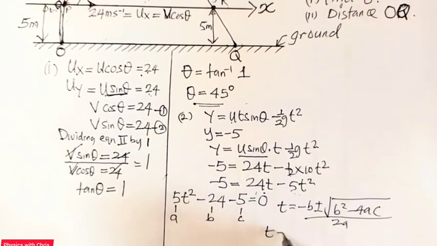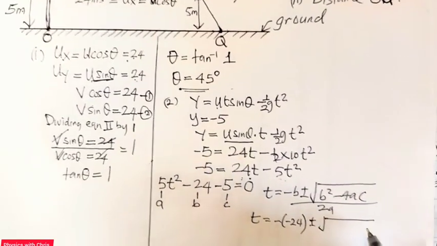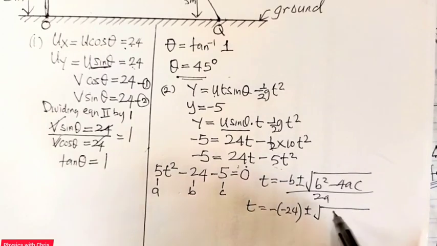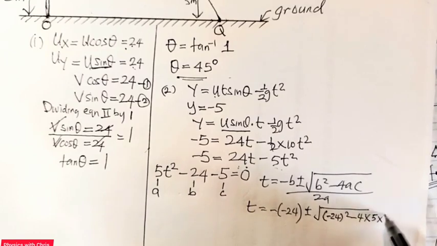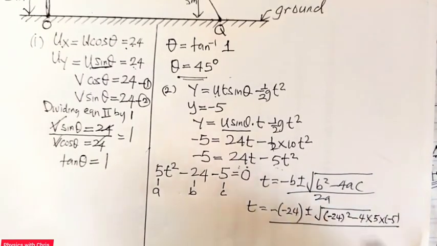That gives me t equals minus minus 24, plus or minus the square root of minus 24 squared minus 4 times A, that is 5, times minus 5, divided by 2 times A, which is 2 times 5. That gives 10.